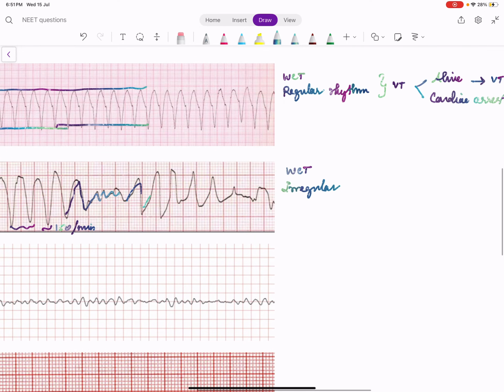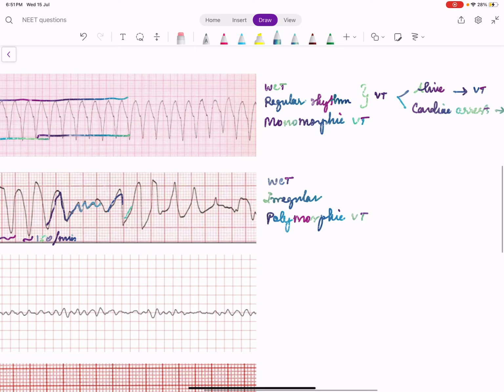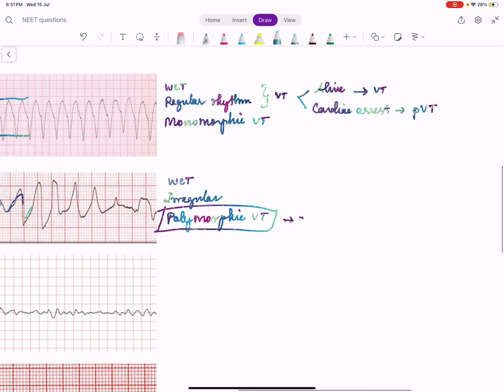So this is called polymorphic ventricular tachycardia. The first one we can call a monomorphic VT. Even if you don't remember monomorphic VT, try to remember polymorphic VT, very important, because polymorphic VT is also called torsades de pointes, TDP.